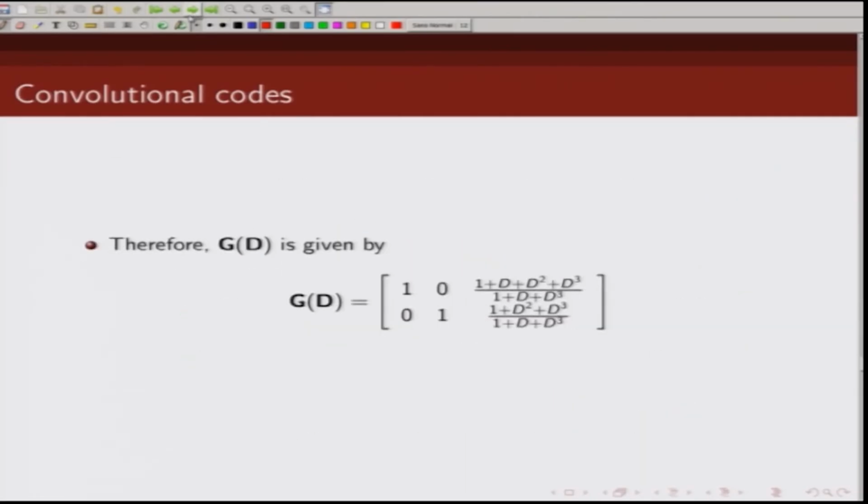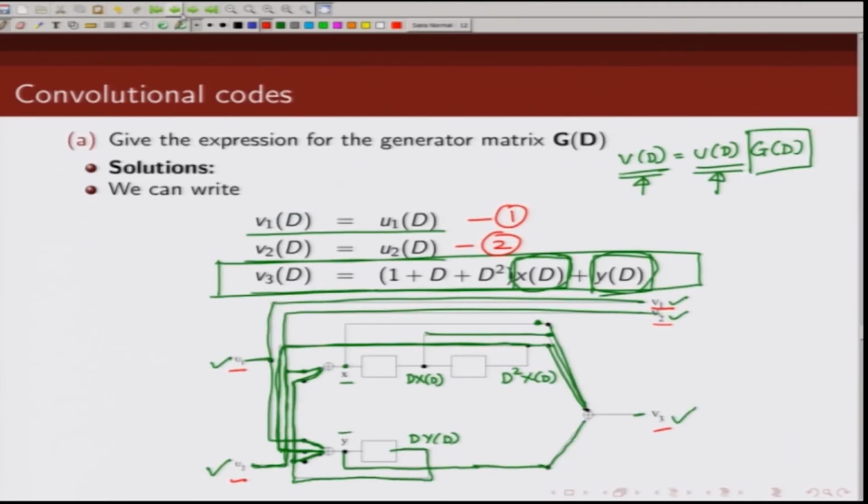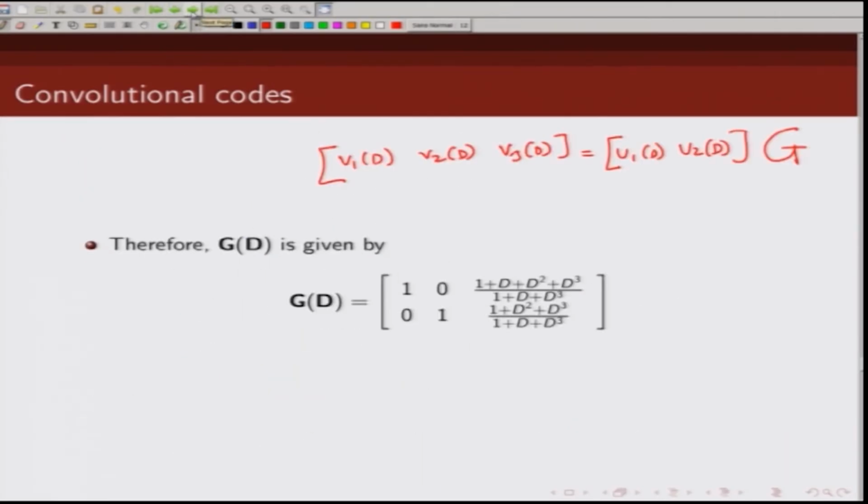So, we are writing v1d, v2d, v3d in terms of u1d, u2d and this G matrix. So, what is v1d? v1d is u1 of d. Then our G matrix here, again this G matrix is 2 cross 3.